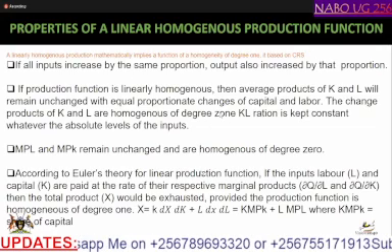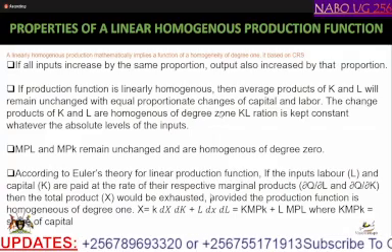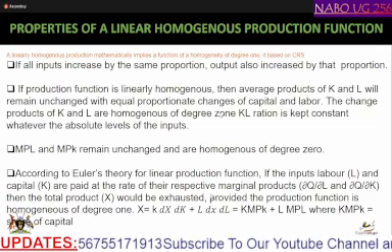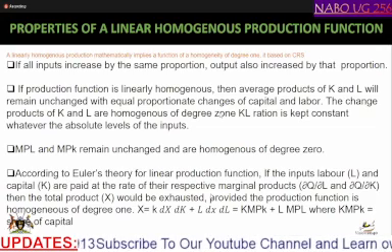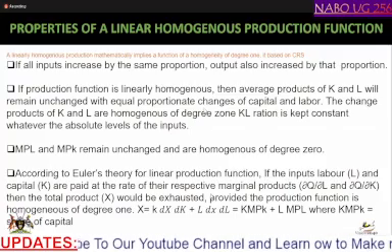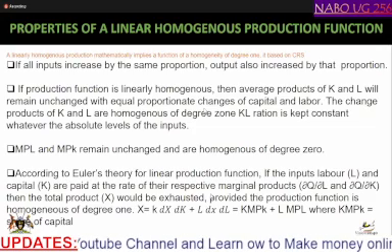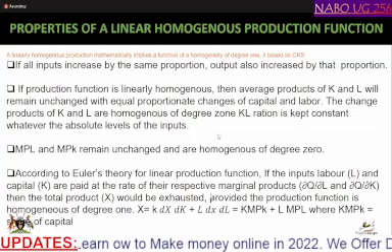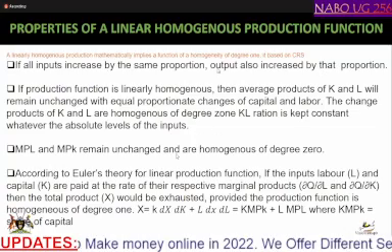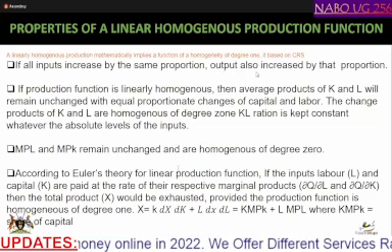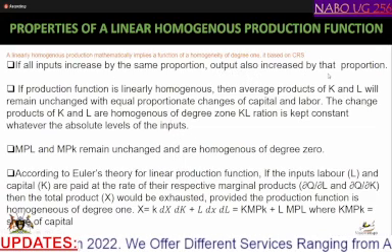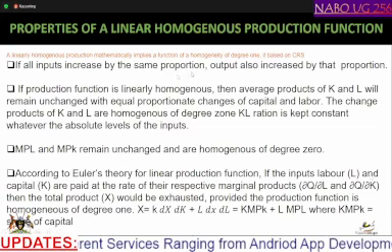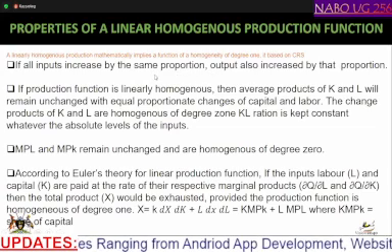So if we consider constant returns to scale, I've stated already above that if all factor inputs increase by the same proportion, output also increases by that proportion. That we have already stated for constant returns to scale, that output will increase in the same proportion as the increase in factor inputs.